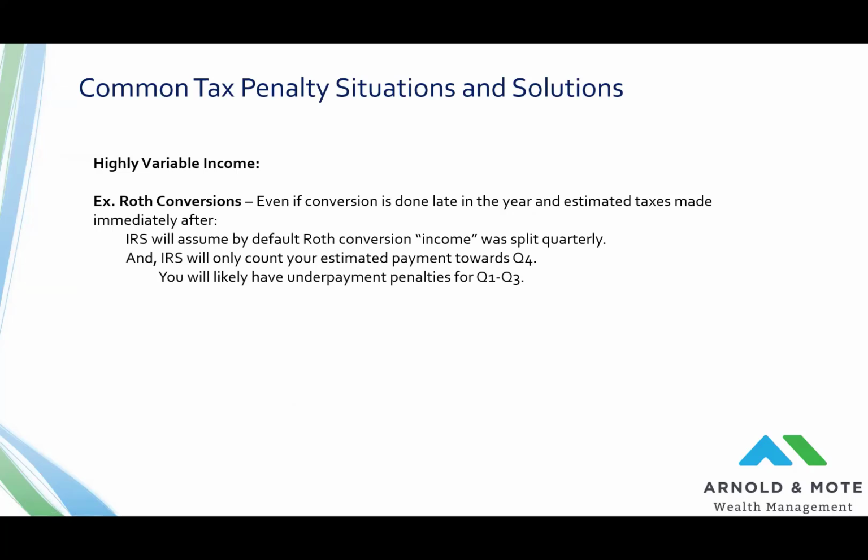So if you did the $100,000 Roth conversion right at the end of the year, the IRS is going to calculate that you had $25,000 in income Q1, $25,000 in income every other quarter thereon, and they're going to want to see tax withholdings or estimated payments based on what they're assuming is quarterly income there.